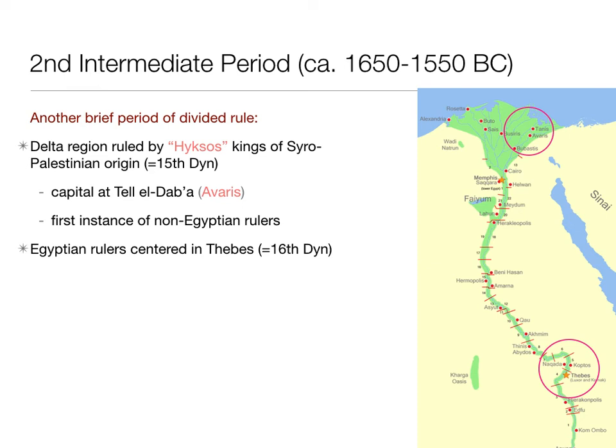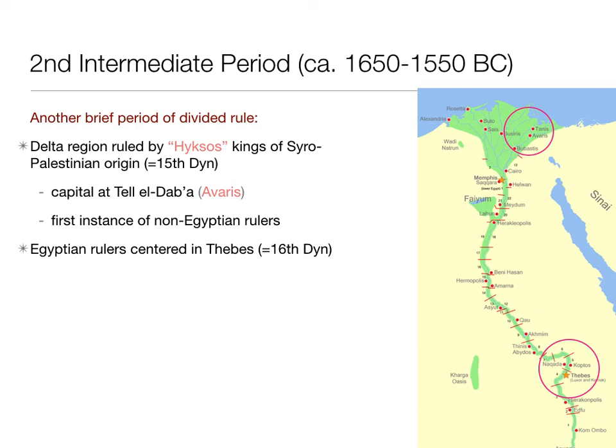These are essentially Syro-Palestinian, Eastern Mediterranean folks who set up a foreign dynasty, the 15th dynasty, at a site called Avaris in the Eastern Delta. And this is the first time we see non-Egyptians ruling as pharaohs in Egypt.